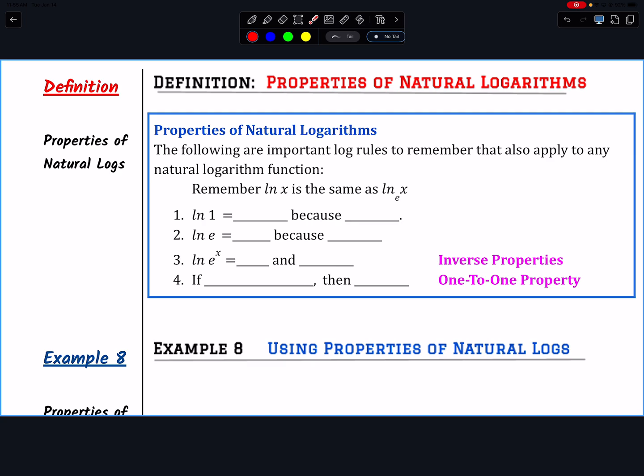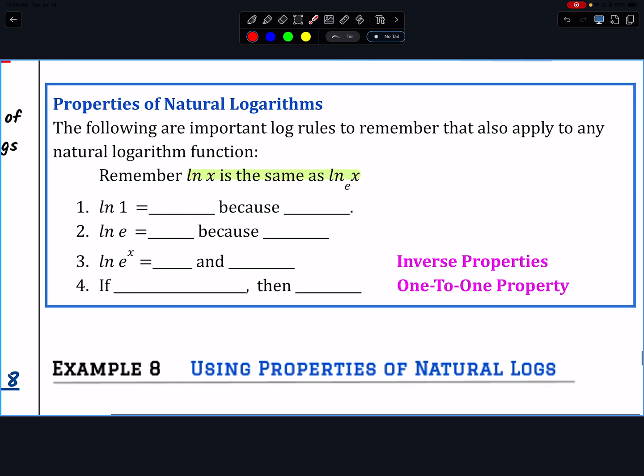The following are important log rules to remember that also apply to any natural logarithmic function. Remember that the ln of x is the same thing as a log with e as its base. So the natural log of 1, remember, what's the base?